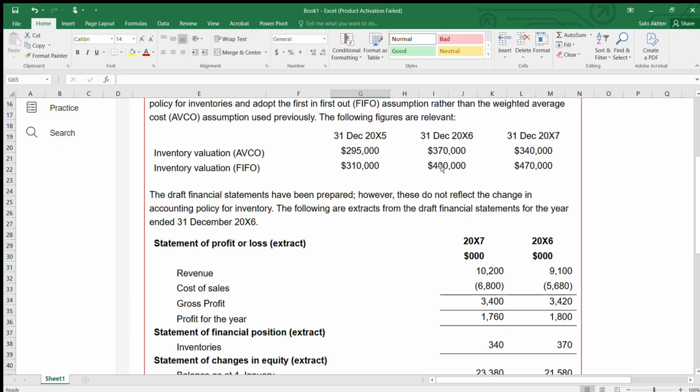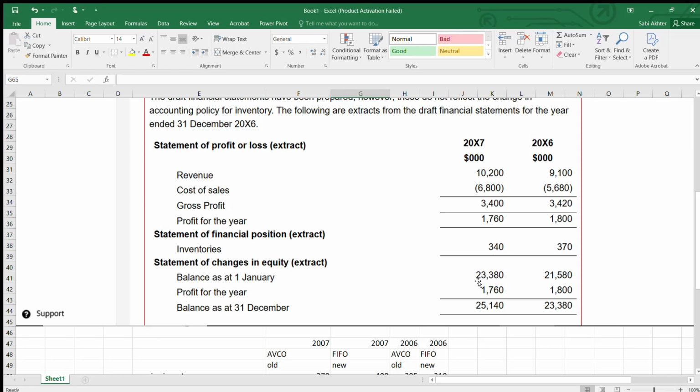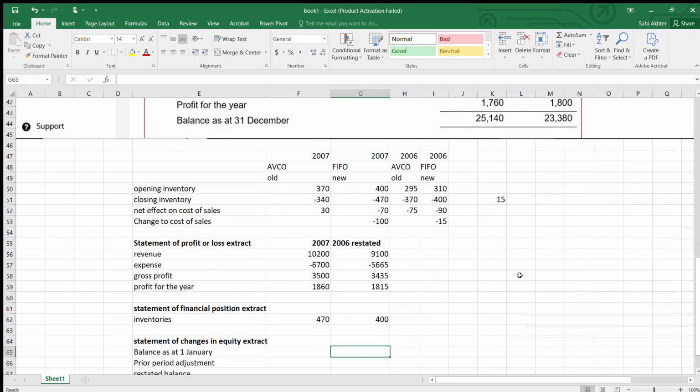What is the impact? If you compare 370 and 400, inventory valuation under ACCA is 370, but it's more under FIFO, 400. So the difference, 400 minus 370, 30,000 is your profit that has to be adjusted in your opening balance. So your balance is 23,380.